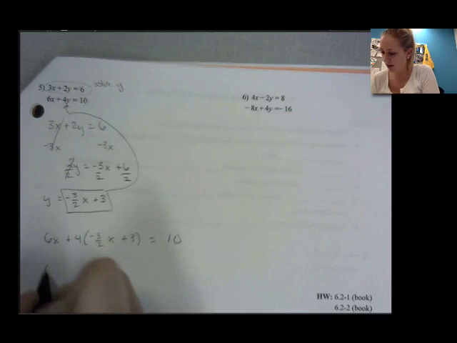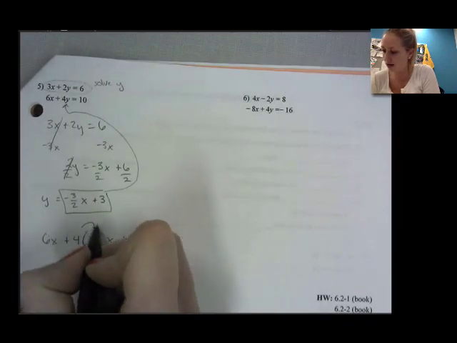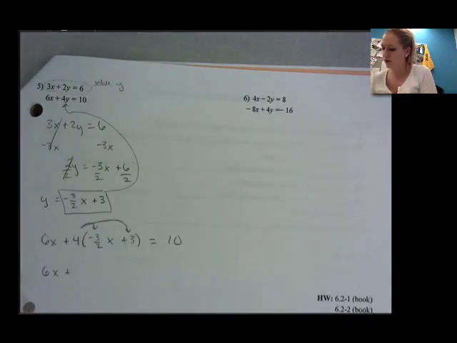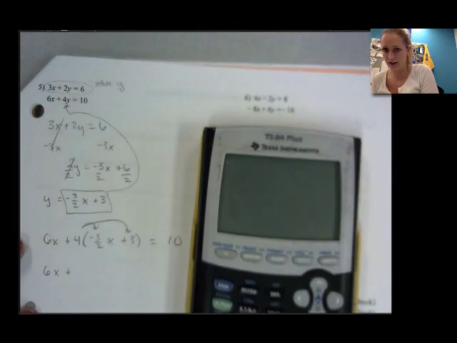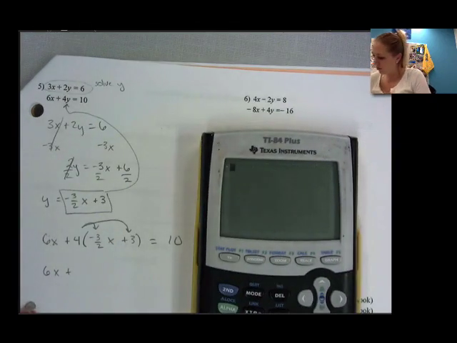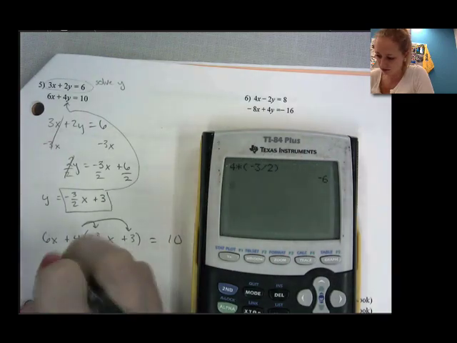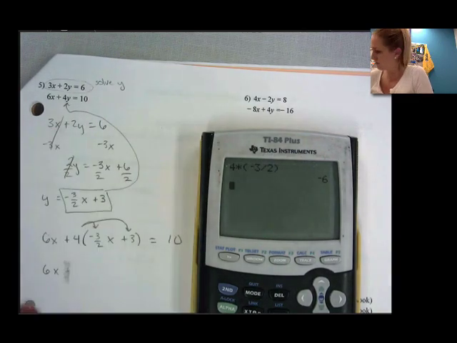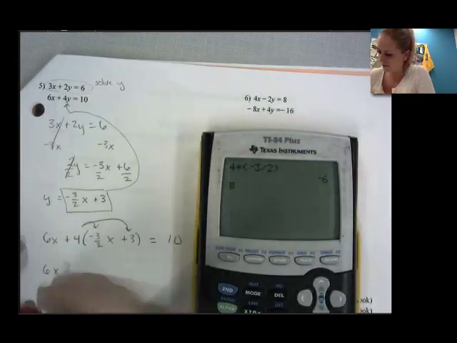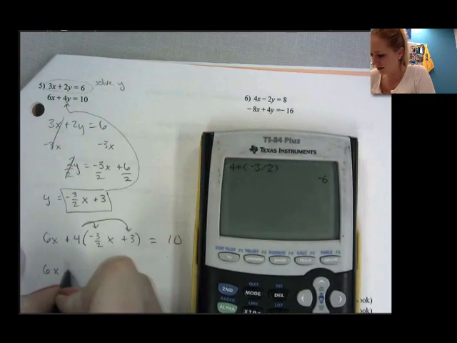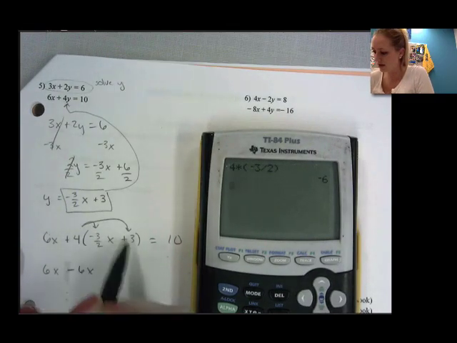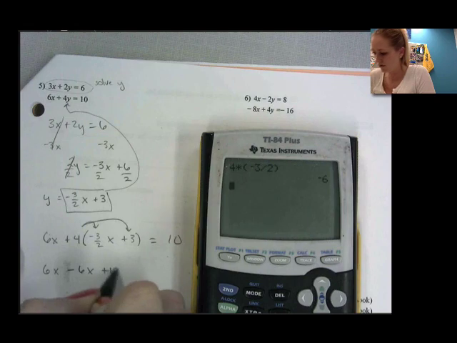Okay, so we're going to simplify here. So I have 6x plus, we're distributing this 4, and that looks intimidating with the fraction, but again, you can do that on a calculator. So I'm doing 4 times -3/2, and we get -6 there with the x, so that's plus -6, or just -6x, and then 4 times 3 gives me 12.